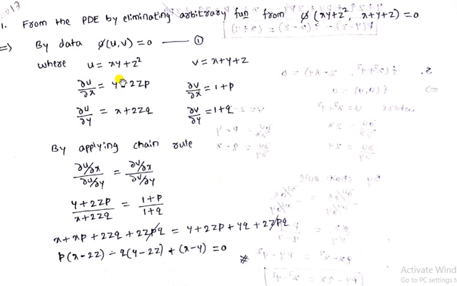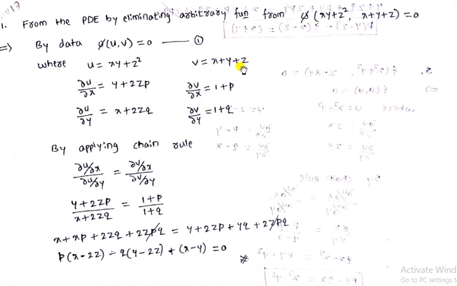Then dou u by dou y. Again differentiation of xy becomes x. Once again differentiation of z square with respect to y is 2z dou z by dou y, which is denoted as q. Then differentiate v with respect to x.